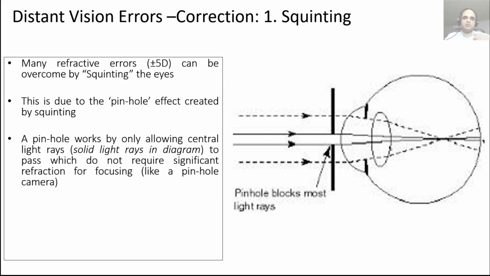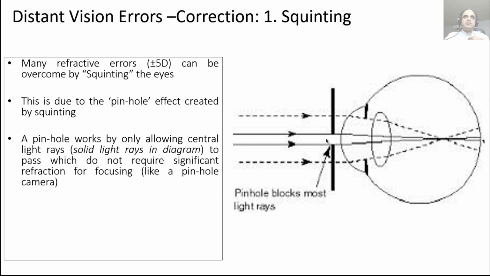They do not have to go through the process of refraction in order to attain a focus. They are automatically focused. This is an optical principle. You can go back and refer to your book of optics that you did in school to read more about this principle of pinhole and pinhole camera. It works exactly like a pinhole camera did.